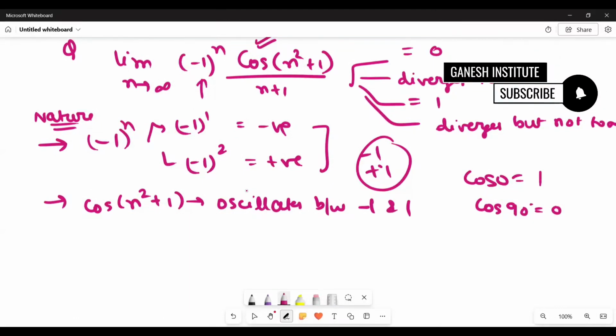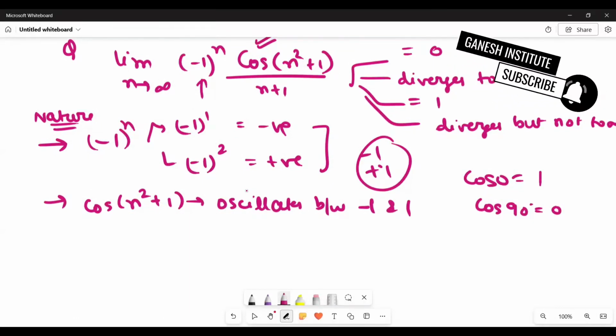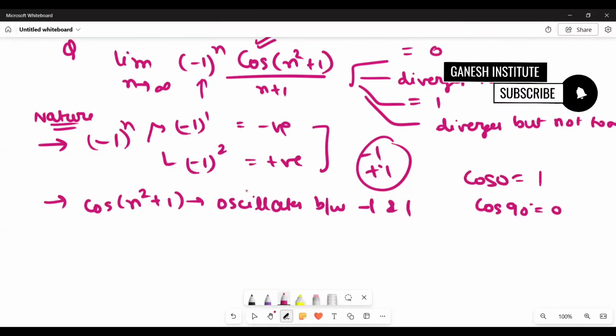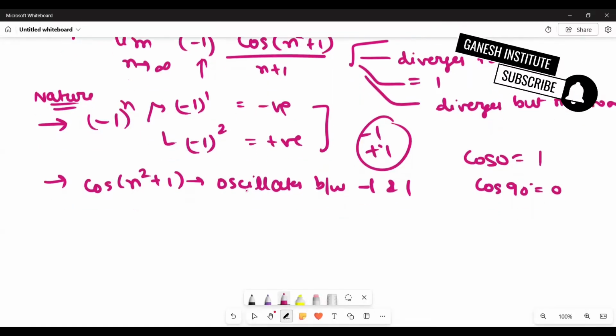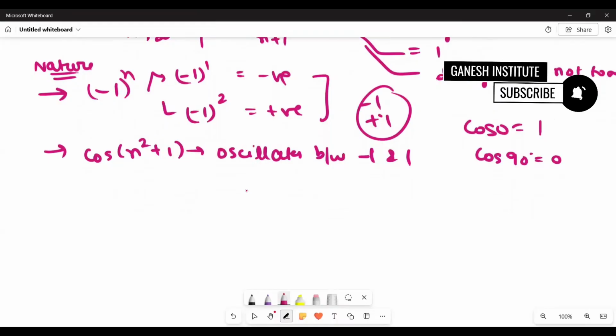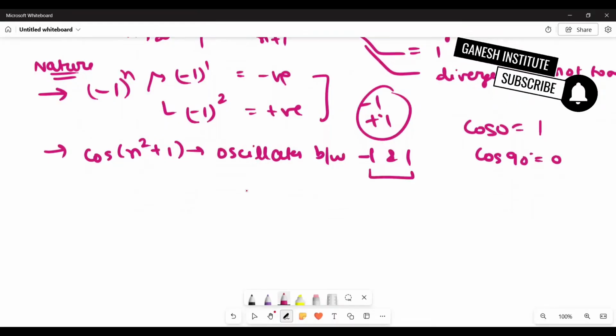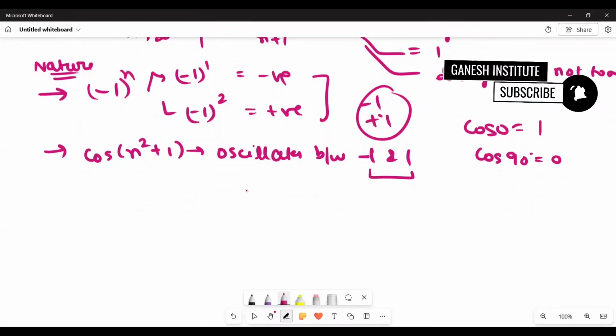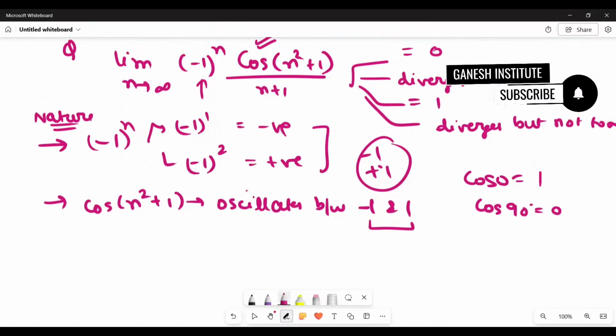And is this a bounded function or not? Do you know what a bounded function is? Upper bound, lower bound, the limit, the upper limit or lower limit up to which it can extend. So I know the value is lying between -1 and 1, so of course the function has to be bounded. And then I have n plus 1.